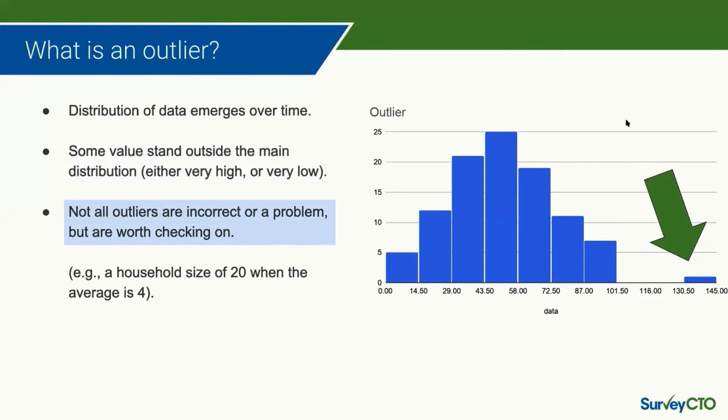Also, it's important to realize not all outliers are an indication of a problem, or incorrect or bad data. An example with another non-sensor data type is that a household size of 20, when the average household size is 4, stands out. It's a bit strange, so that's definitely something that you would pay attention to.